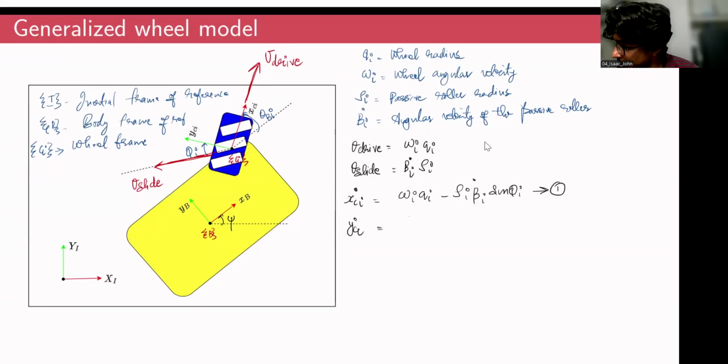And the second equation is rho I beta I dot cos phi I. Label this as equation 2.